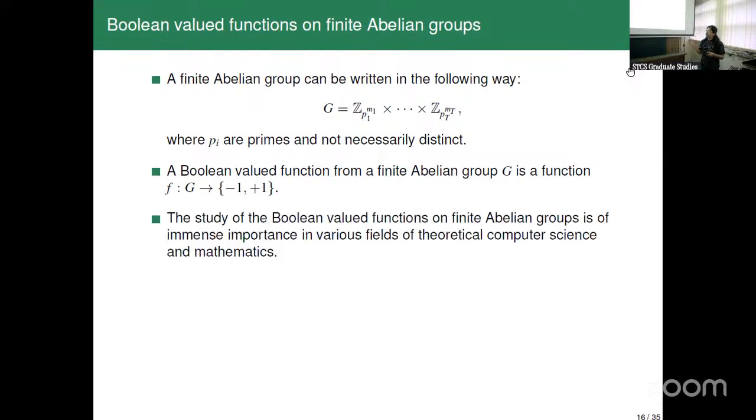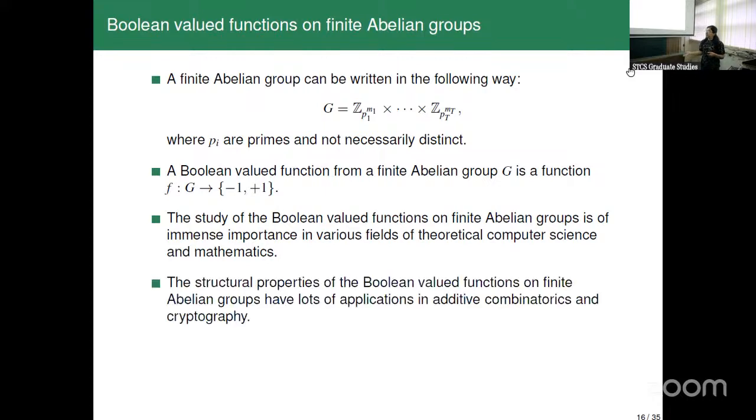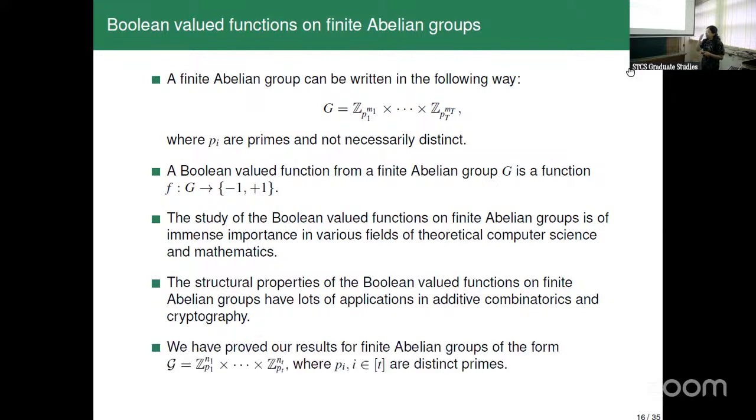This has immense importance in theoretical computer science and mathematics, and people have studied it in additive combinatorics and cryptography. Here we have proved our results for finite abelian groups of this form, where the p_i's are distinct primes.